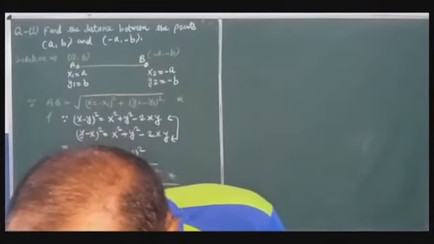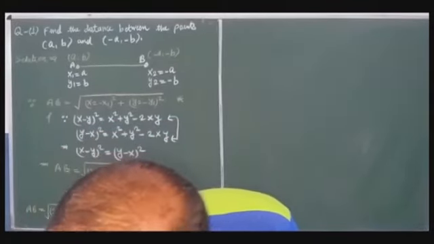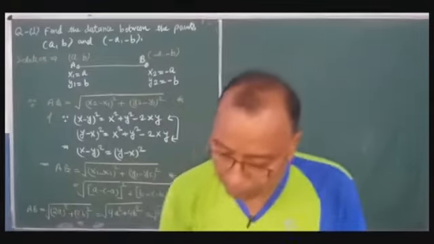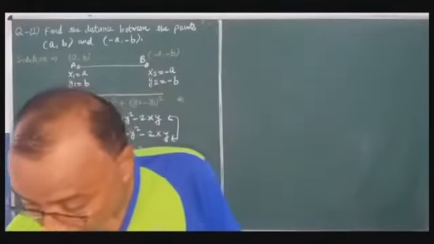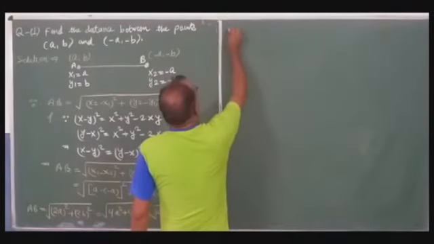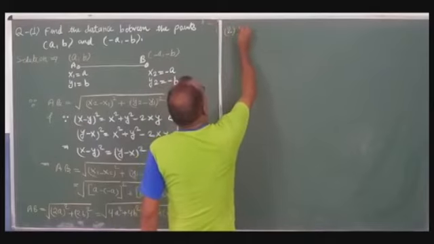Check whether the points 1 comma 5, 2 comma 3, and minus 2 comma minus 11 are collinear or not. This is the second kind of question.